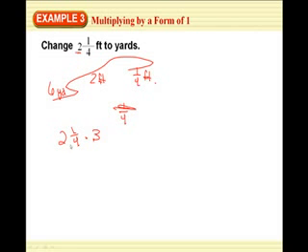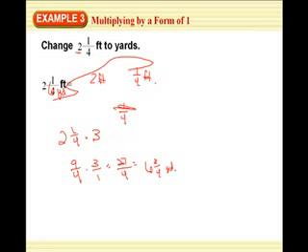So we do 9/4 times 3, 27 over 4. And why times 3? Because there's 3 feet in a yard. 6 and 3/4 yards, I think.